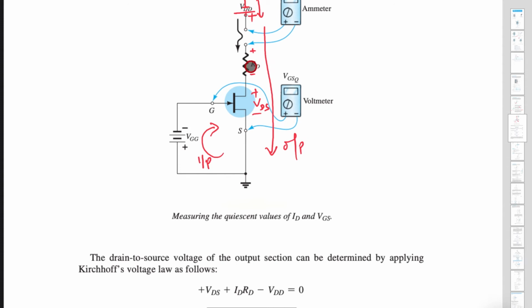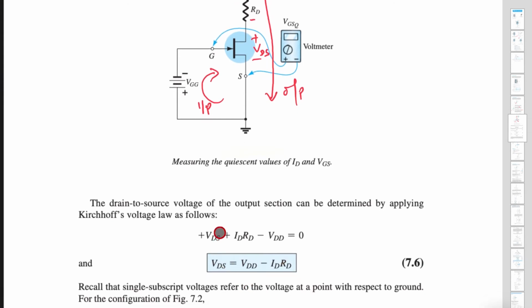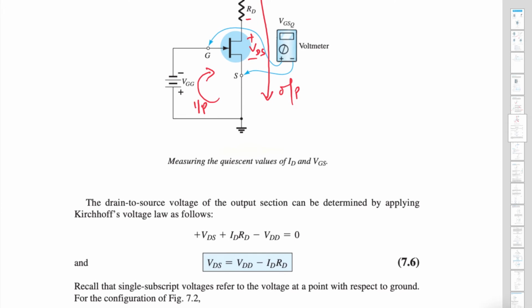Since you are entering positive for this ID into RD, which is a voltage drop, and this is VDS. Simplifying, VDS is required, so keep it on the left hand side, sending the other quantities across, and you will get this equation. So for mathematical analysis, you just have to take KVL for the output section and KVL for the input section. That's it. Once you get those equations, you simply substitute the values given, you will get the answer. That is how the problem is solved.